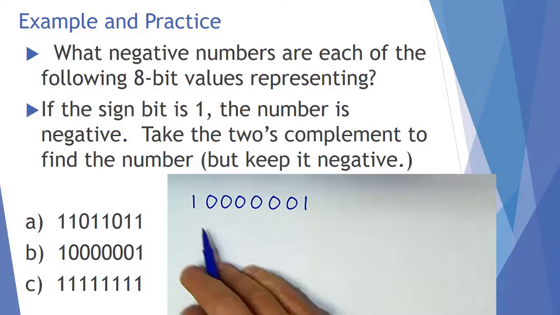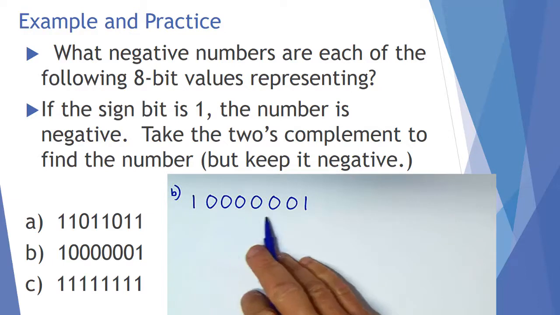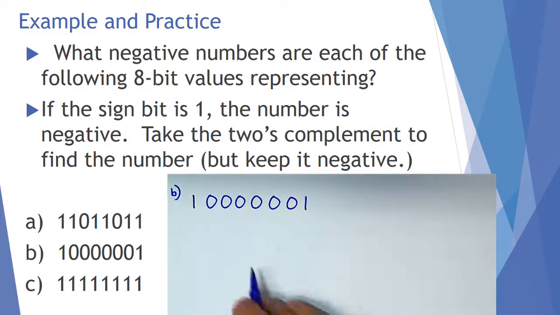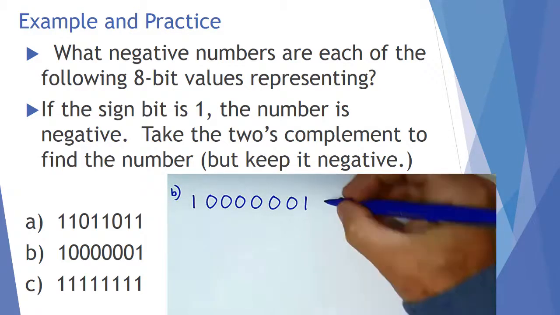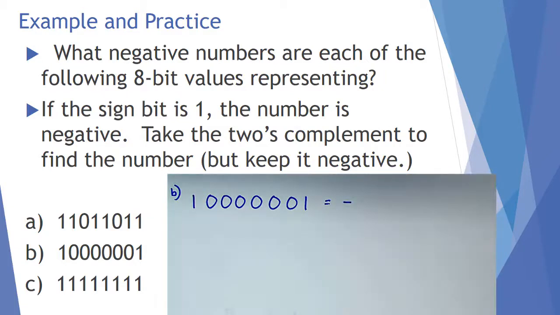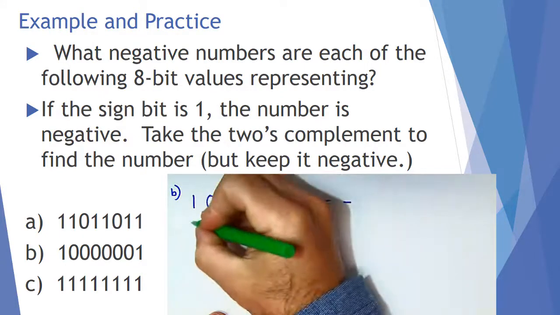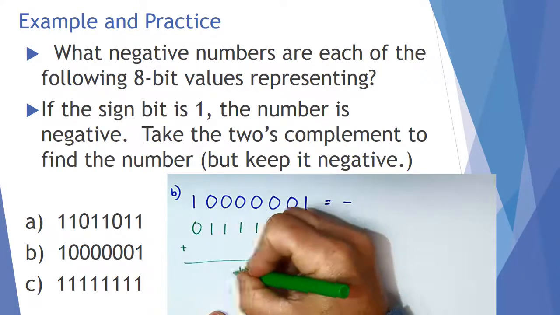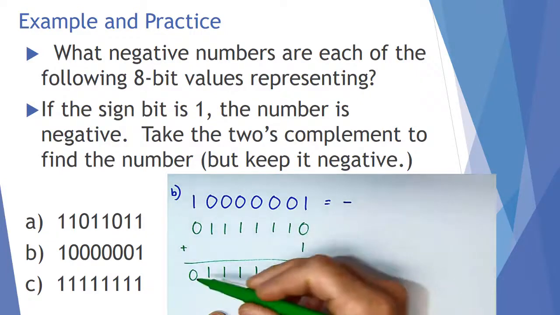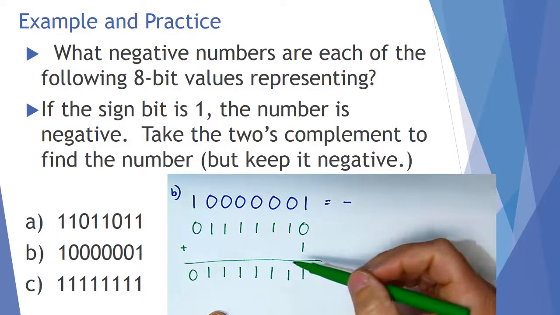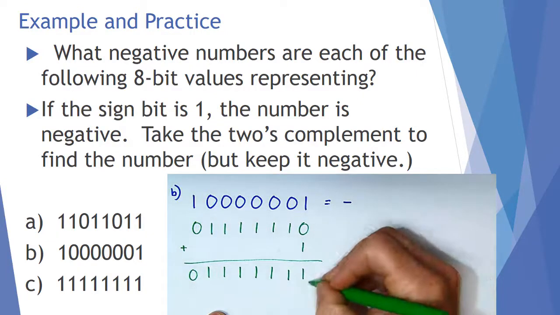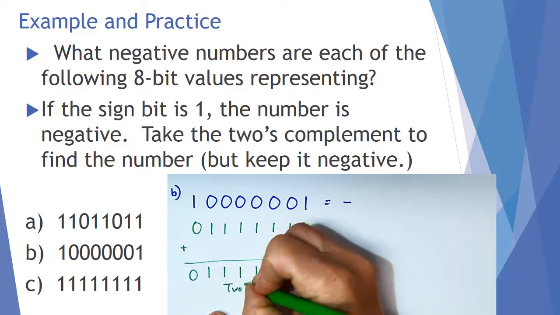The second one, B. 10000001. Okay, we don't know what that number is, but we do know that it's negative something. So negative what? Well, let's take the 2's complement to figure out what the opposite sign version is. That'll be 0, 1, 1, 1, 1, 1, 1, 1 when we take the 2's complement.